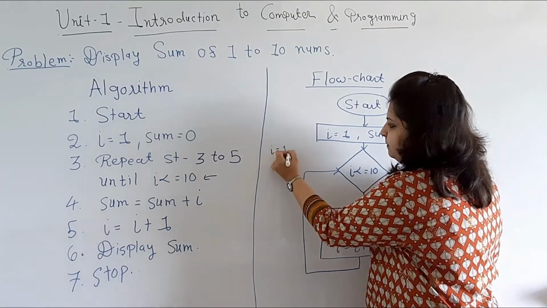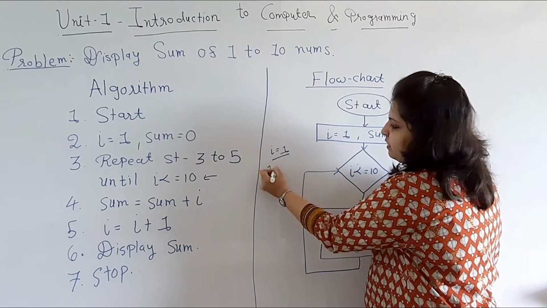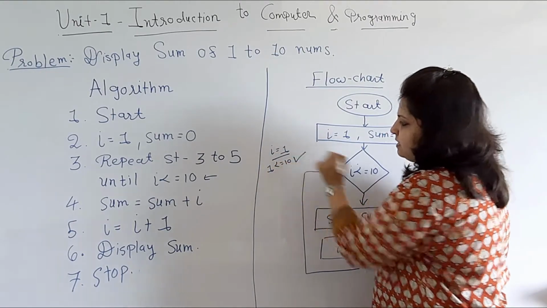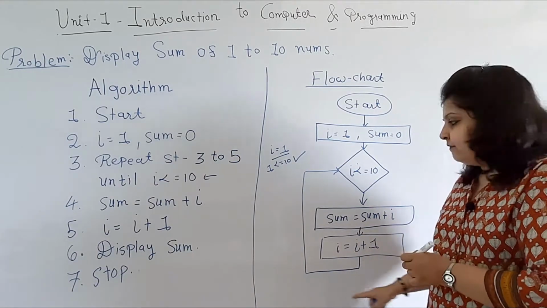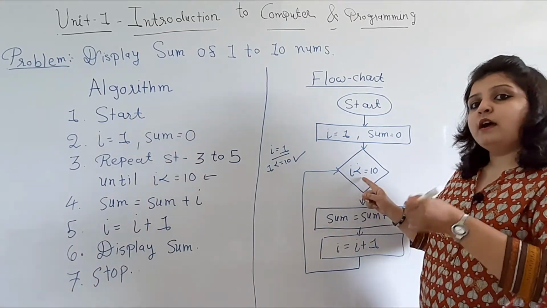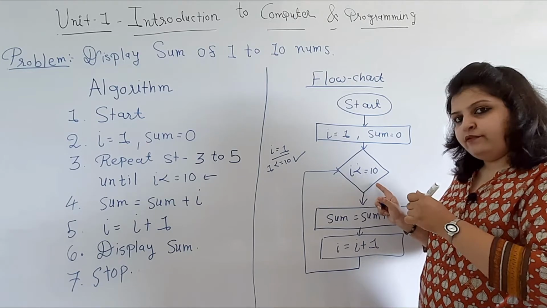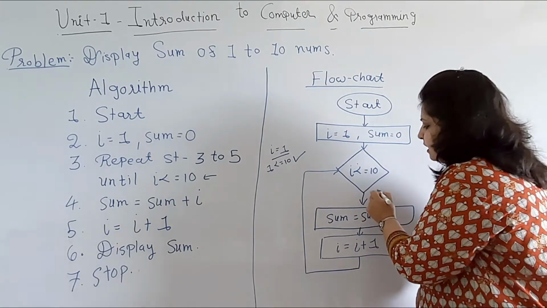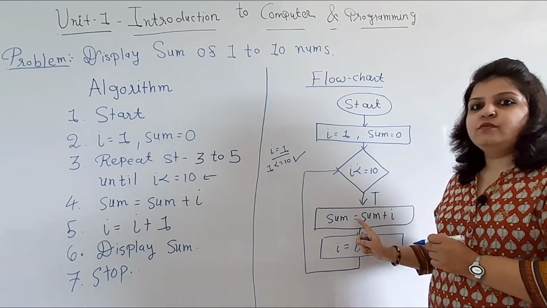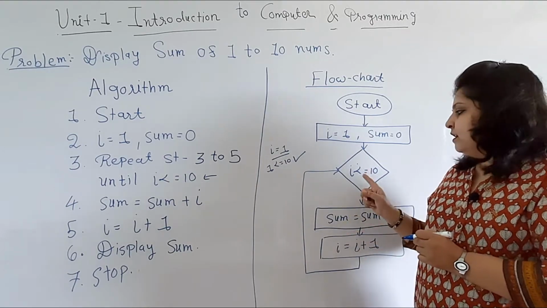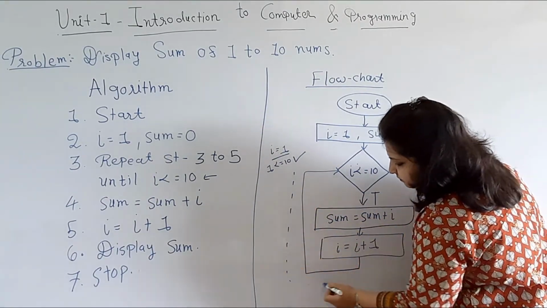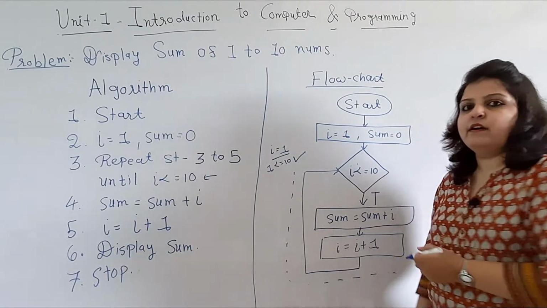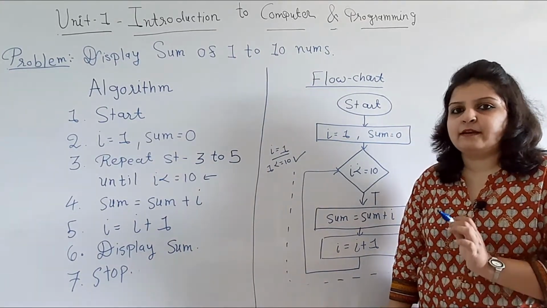Initially I is 1, check the condition, 1 less or equal to 10, yes, then these 2 steps will execute. Then I will be 2, again check the condition, and if true then again execute these 2 steps. In this way the process repeats until I becomes 10.